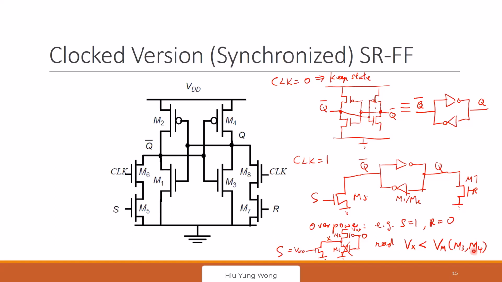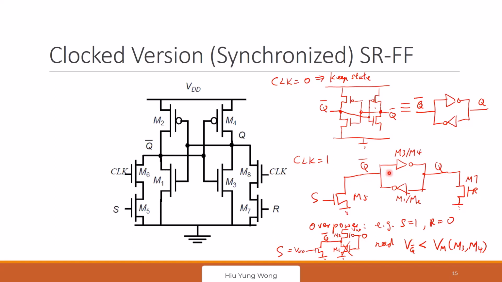That is because this Vx is connected to M3 and M4. Or Vx, I mean, maybe let me just call it Q bar, then you won't get confused. Right, because this point is just this Q bar.